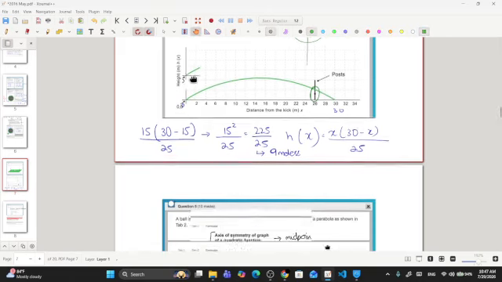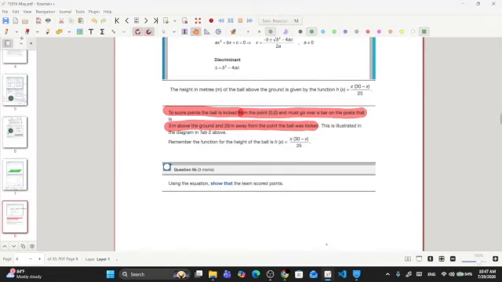Let's substitute the value of x as 26. 26 multiplied by 30 minus 26, divided by 25. 26 multiplied by 4 over 25. This becomes 104 divided by 25.